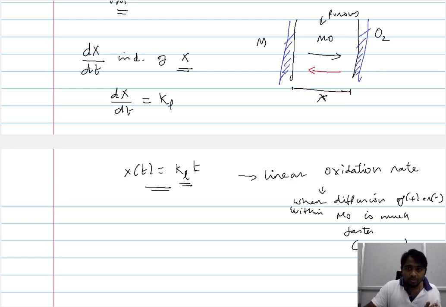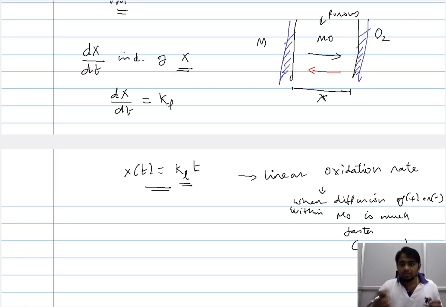Now, once a layer has been consumed, you need a fresh supply of metal ions. This being a solid metal, the fresh supply of metal ions is in most cases always there. However, the same cannot be said for an oxygen-rich environment, because we do not have a definite concentration of oxygen in air.